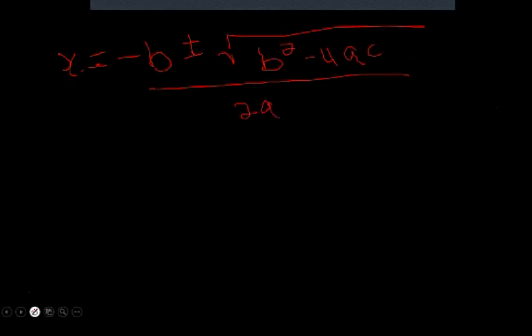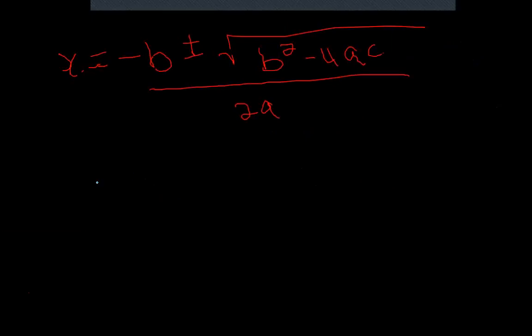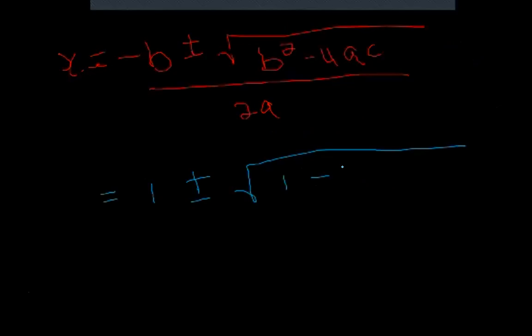If you look at the quadratic we had before, b was minus 1. So that's minus minus 1, which is 1, plus or minus the square root of b squared, minus 1 squared is 1, minus 4 times a. It was 2, so that's 8. And then c was 10.